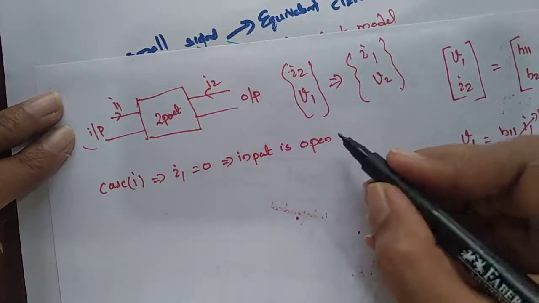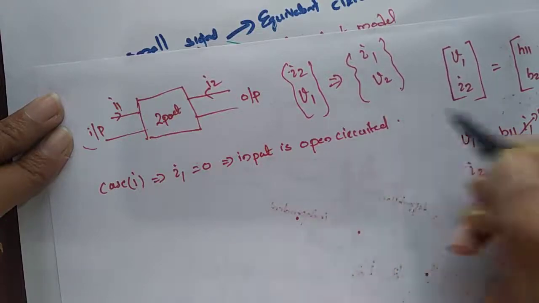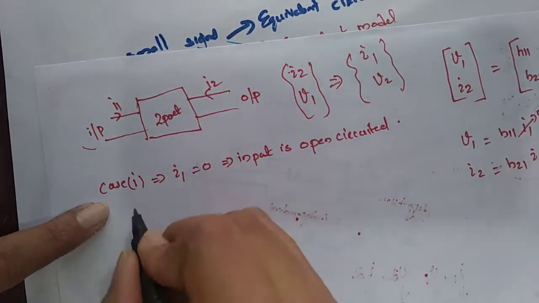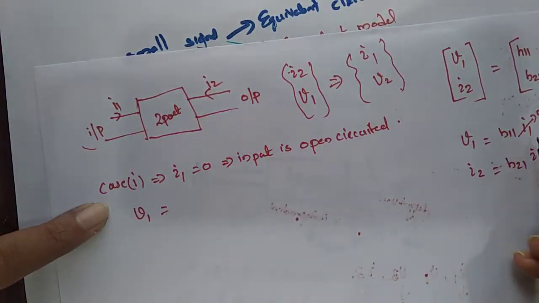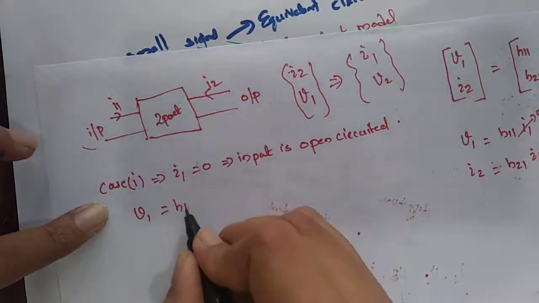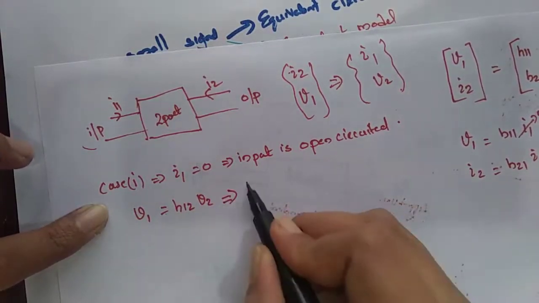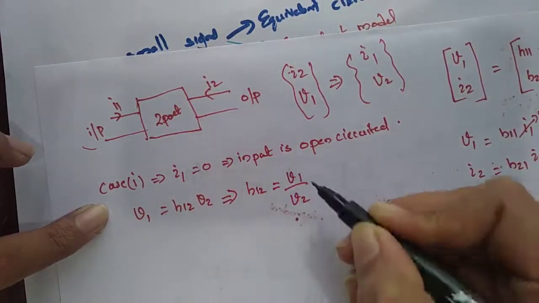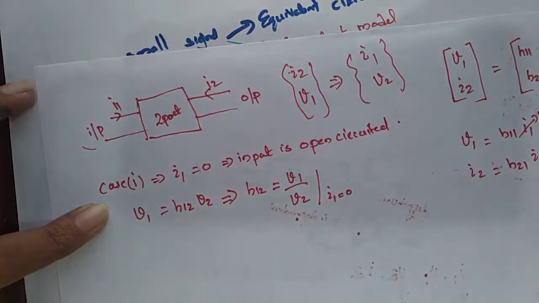If our source is open circuited, the input is open circuited. Case 1, I1 is equal to 0, input open circuited, means we will get V1 is equal to H12 V2, which means that H12 is equal to V1 divided by V2 at the condition I1 is equal to 0.